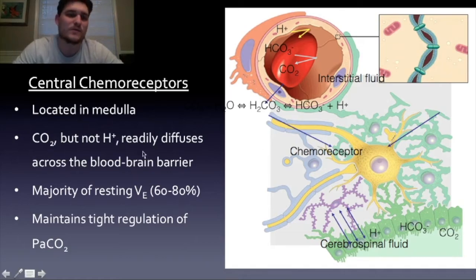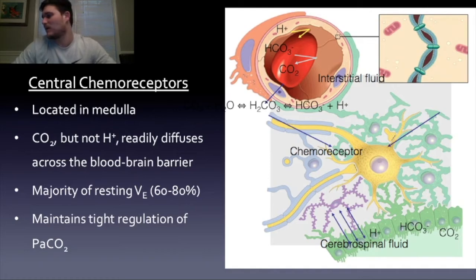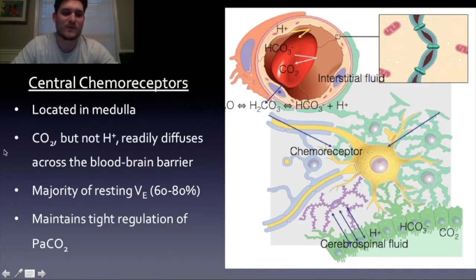CO2 readily diffuses across the blood-brain barrier. The reason we have that blood-brain barrier is to prevent certain hazardous materials, ions, or chemicals from coming across and damaging our brain. But CO2 is able to diffuse, and so these central chemoreceptors are going to pick up on blood levels of CO2.